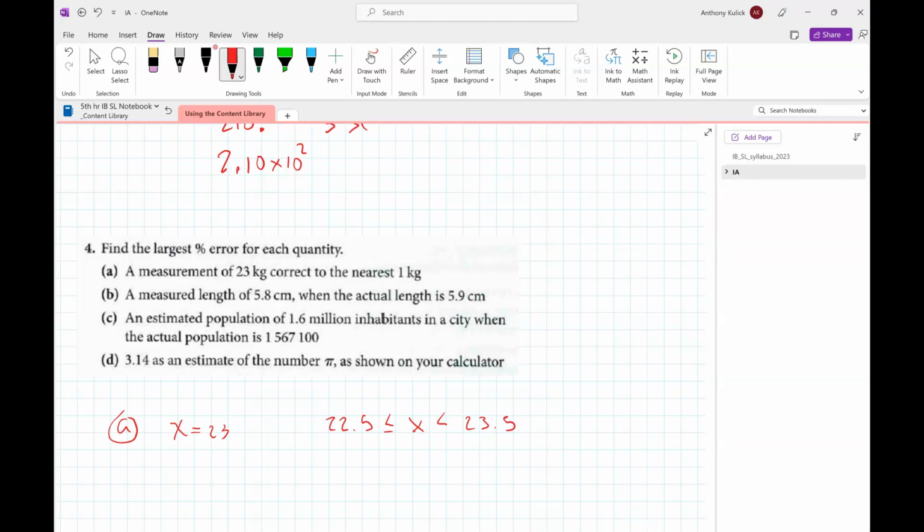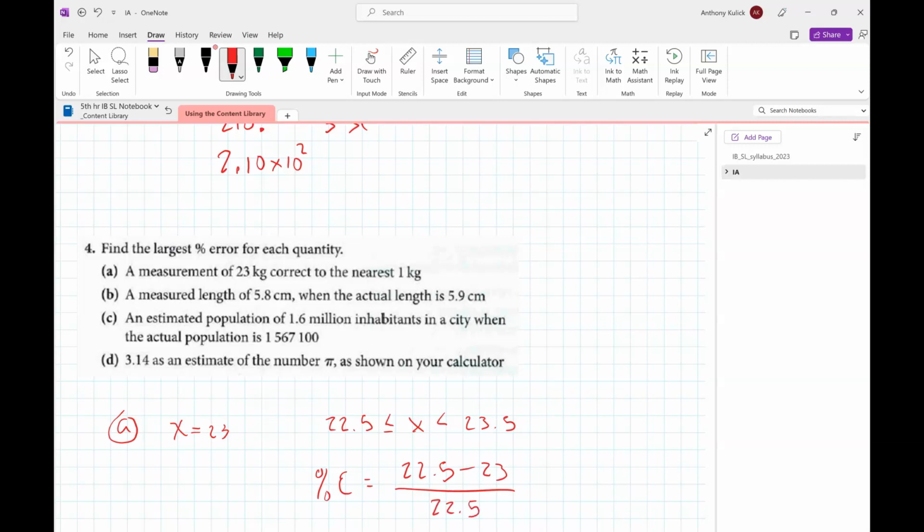So either end of this is going to be the same thing, right? If I look at the percent error, they're going to both give you the same error because they're both half a unit away from 23. So it doesn't matter which one I take. I'll just take that end because that's a number that actually exists.